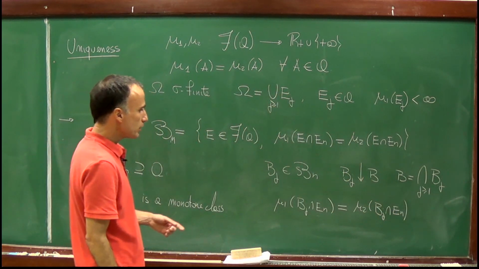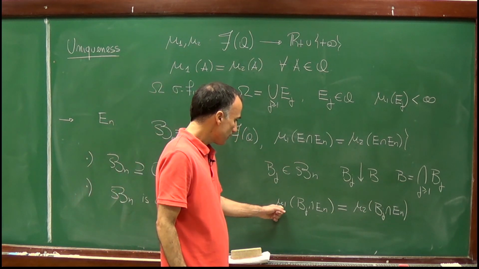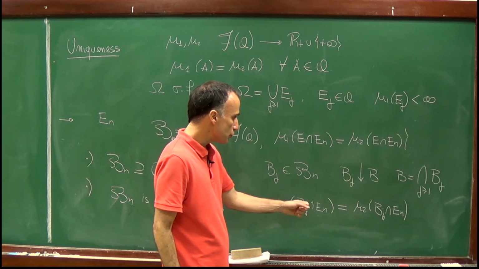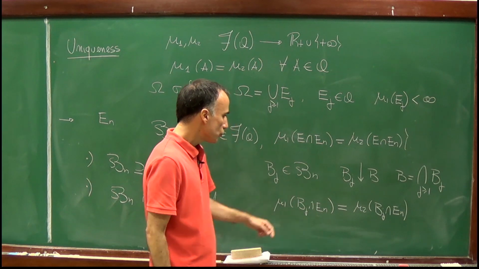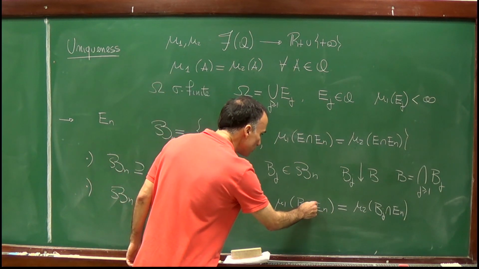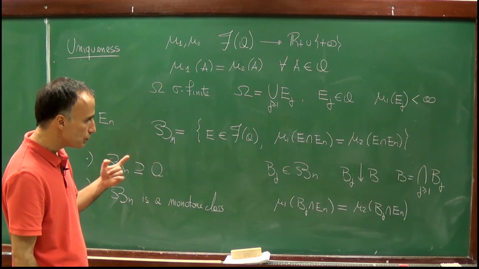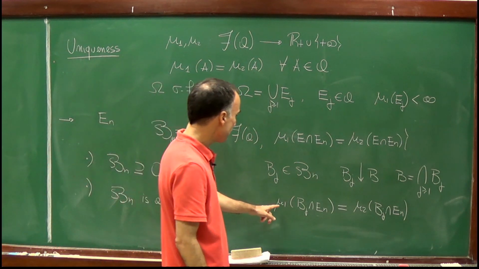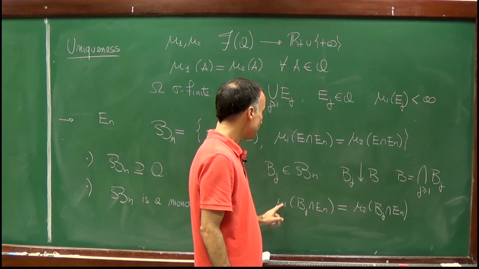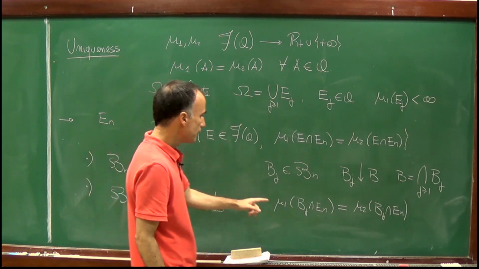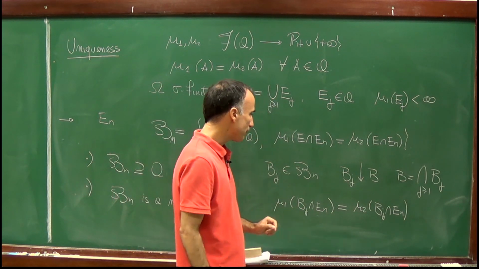Now we use again the fact that mu1 and mu2 are sigma additive to claim that they are continuous from above at any set. And it's here that we need to use the fact that the set omega is sigma finite.